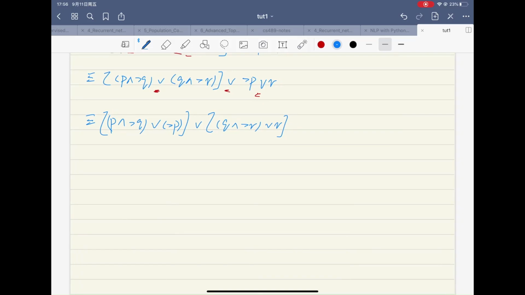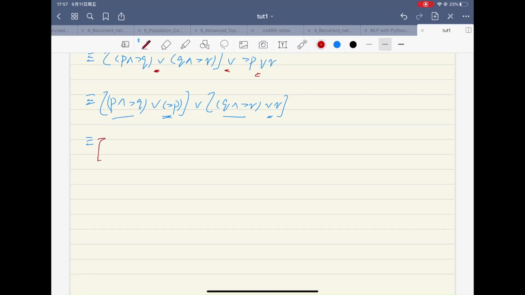Here you need to use the absorption law to put the not P and R inside into this one and this one. So by the absorption law, we have (not P or P) and (not P or not Q), or (R or Q) and (R or not R).